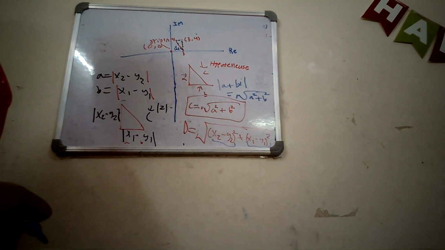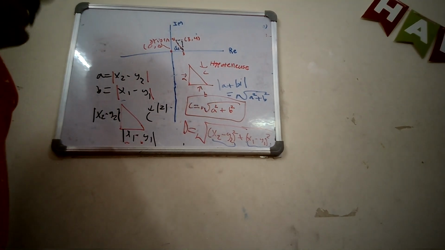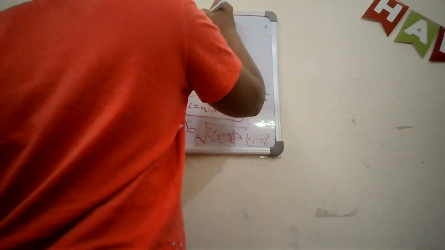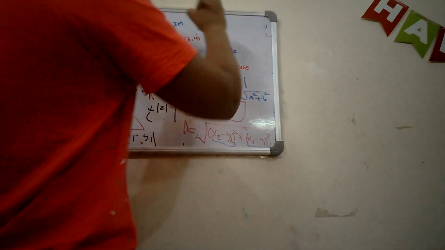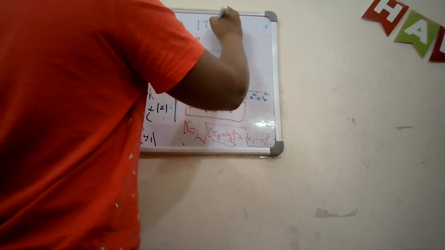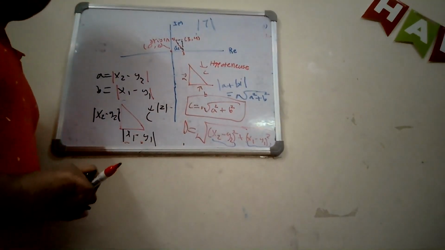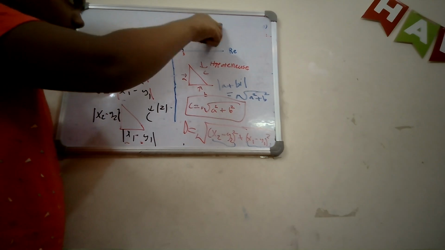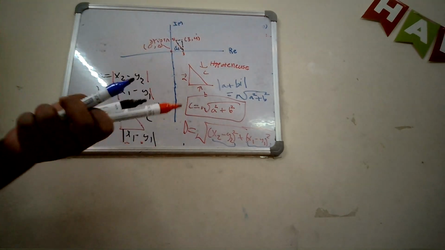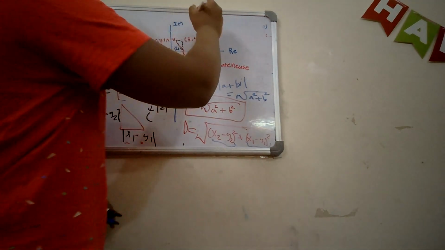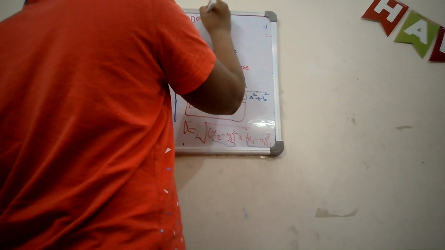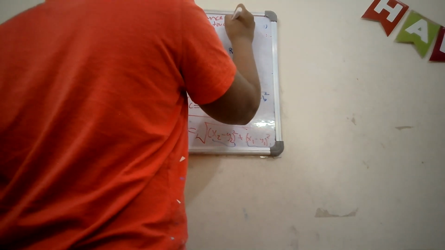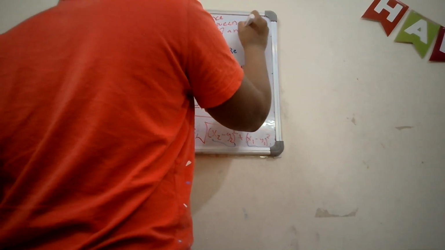Suppose we're finding the distance between 7 and 3.